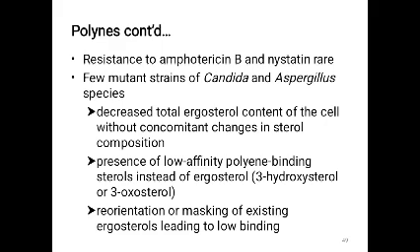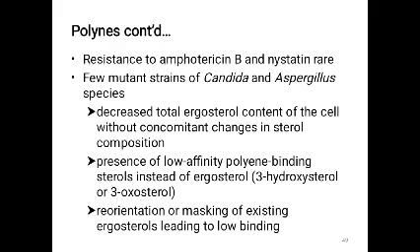Resistance to amphotericin B and nystatin is rare. Few mutant strains of Candida and Aspergillus species decrease the total ergosterol content of the cell without concomitant changes in sterol composition.